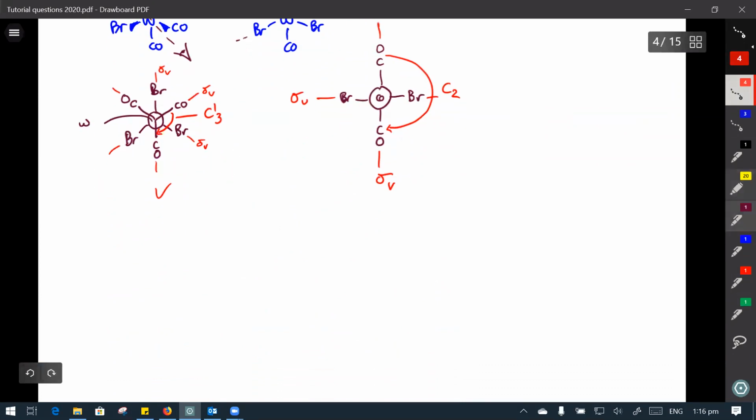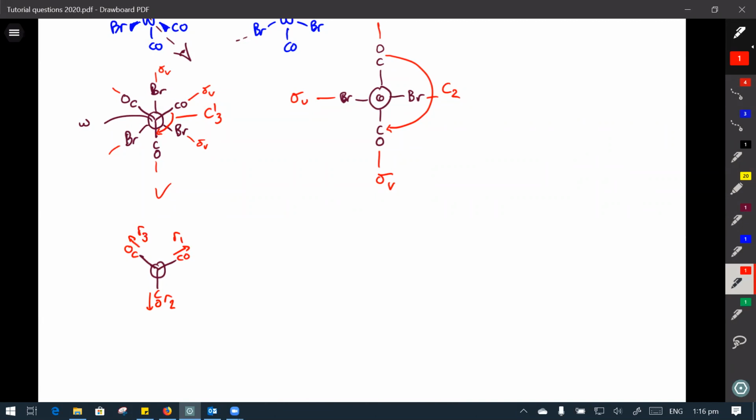So if we just strip that diagram down to the bits that you need, there we go. So we've got one CO here, one CO there, one CO there. Let's call this R1, this R2, and this one over here R3. Okay, that's what we'll call them. And then we've got a bunch of operations.